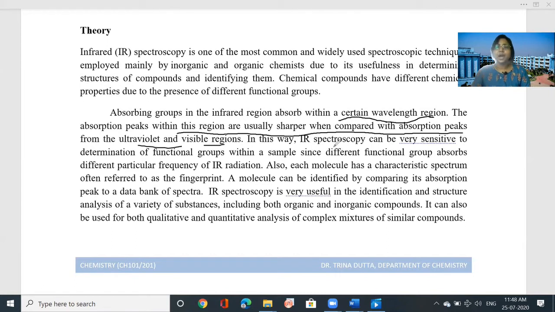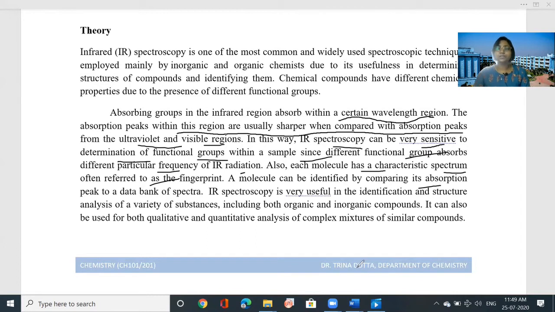In this way, IR spectroscopy can be very sensitive to the determination of functional groups within a sample, since different functional groups absorb different particular frequencies of IR radiation. Also, each molecule has a characteristic spectrum, often referred to as the fingerprint. A molecule can be identified by comparing its absorption peaks to a data bank of spectra.